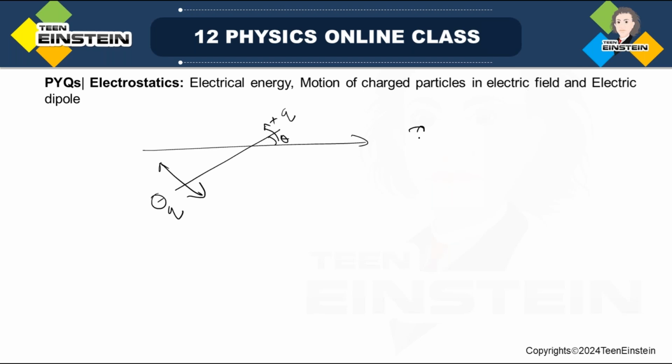We know here torque tau is equal to PE sine of theta, and sin theta can be written as theta itself, as theta is a very, very small angle. Now we know again tau is equal to I alpha, where alpha is the angular or rotational acceleration. So I have to find out the frequency of oscillation for this.